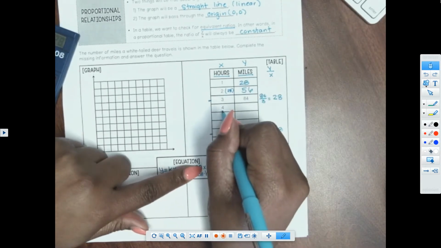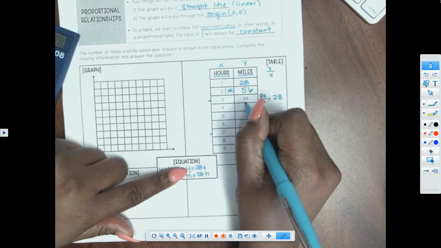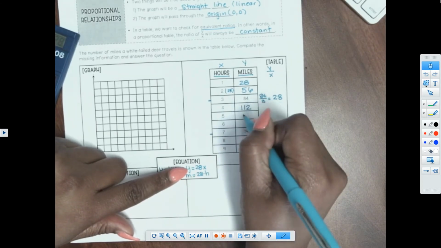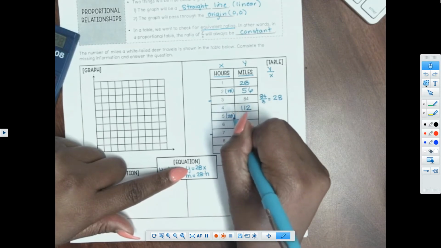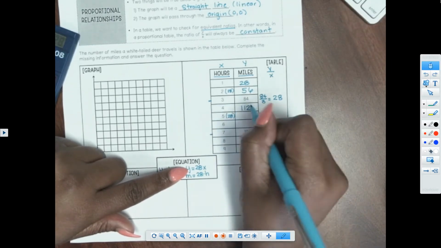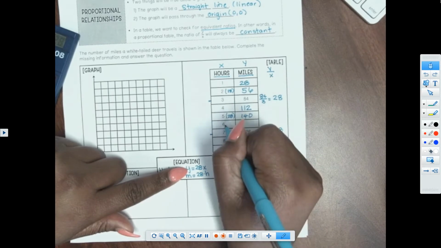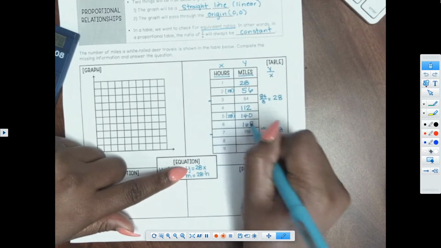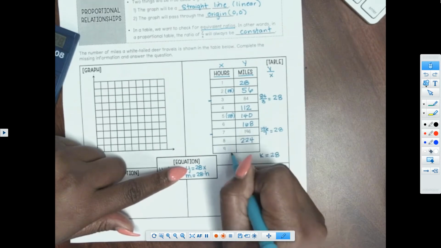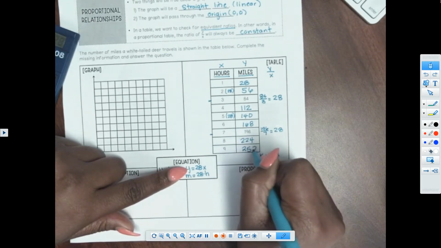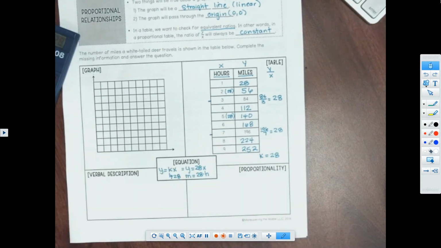If I multiply it times 4, I get 112. Times 5, remember I'm just multiplying K times 5, I get 140. 6, I get 168. 8, I get 224. And 9, I get 252. Okay, so these are my data points.